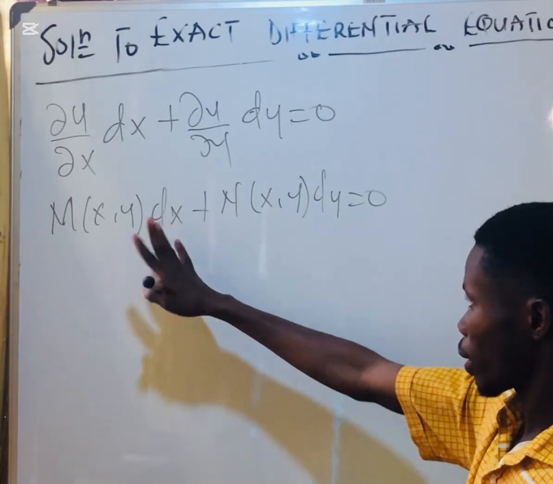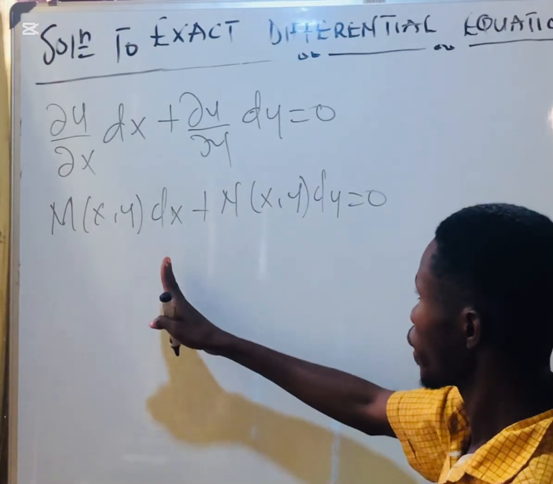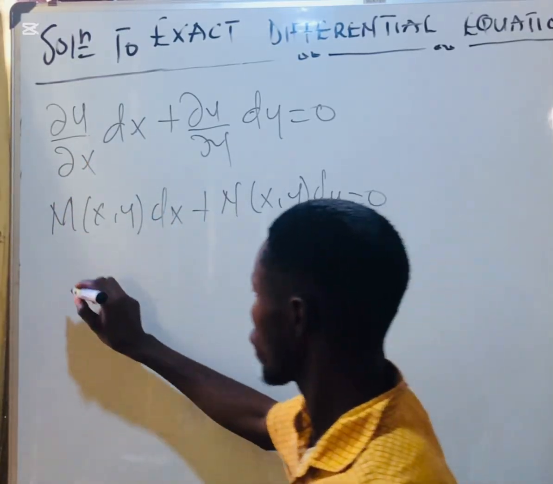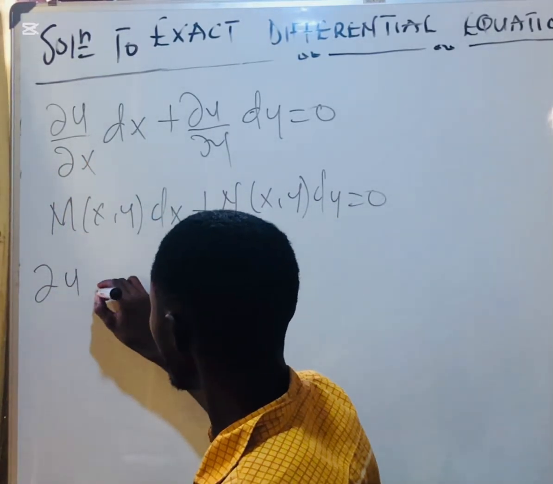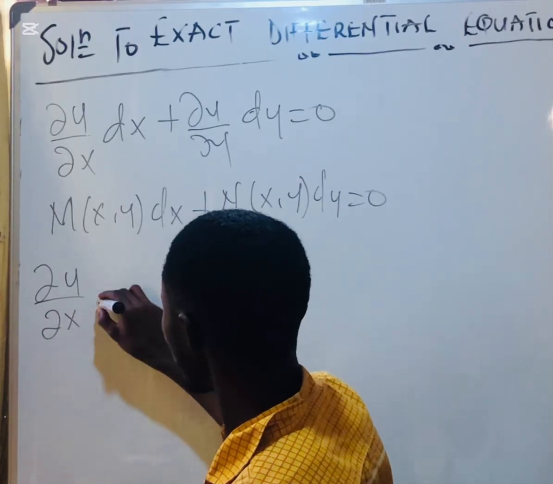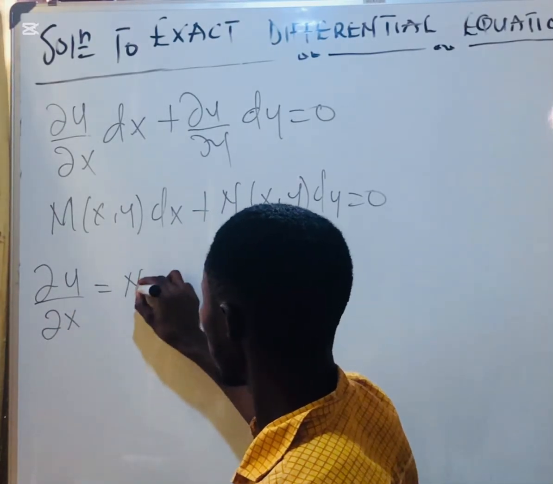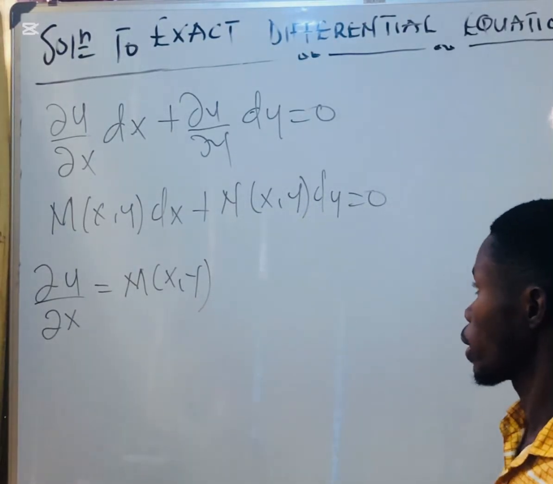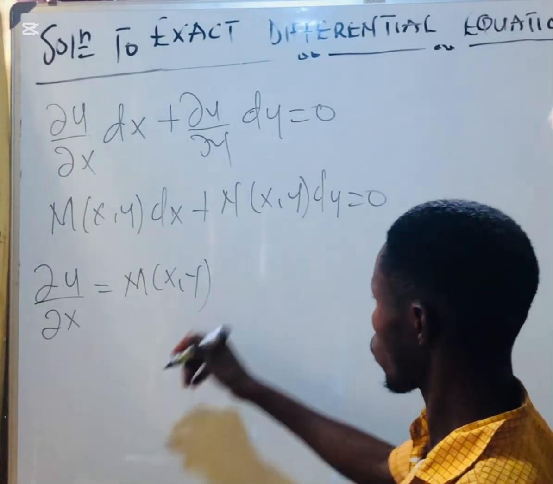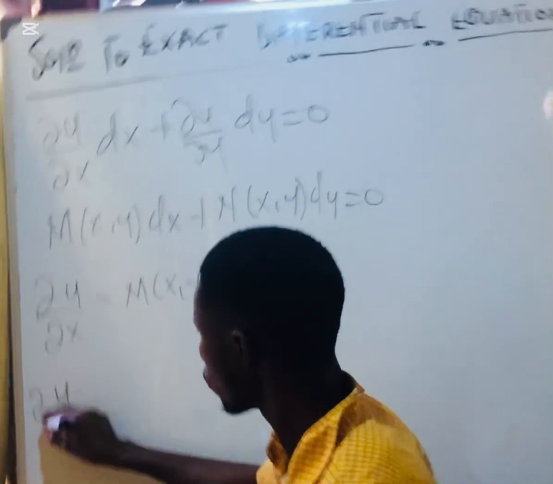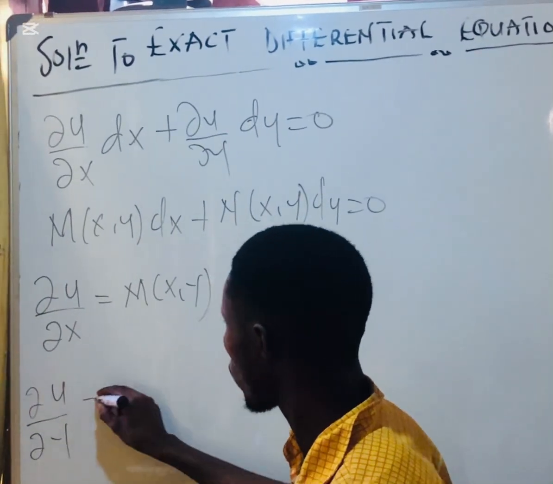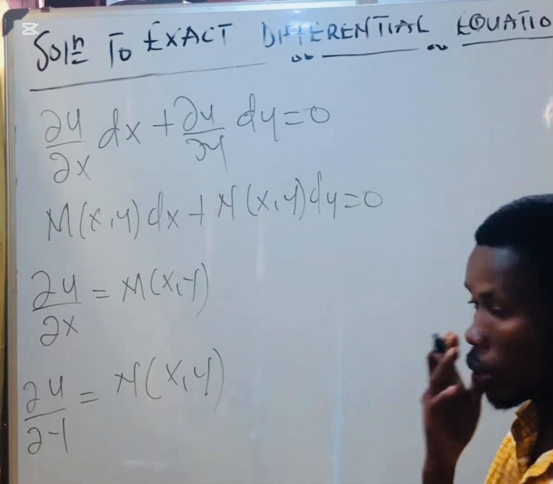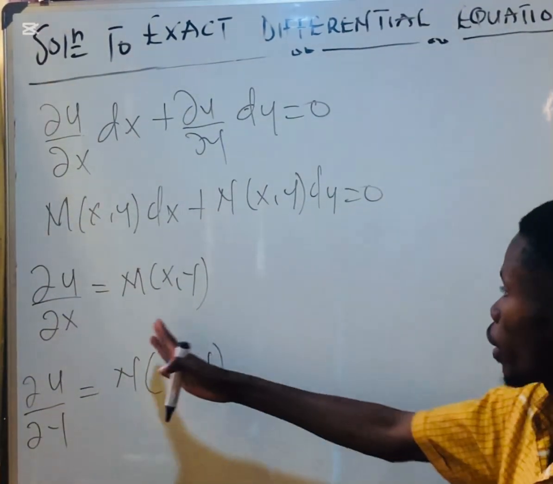Looking at this, this is dx, this is dx, so we can compare this and that. They are the same, meaning that ∂u/∂x equals M(x,y). Is that okay? The same thing applies to this one: ∂u/∂y equals N(x,y). Good.